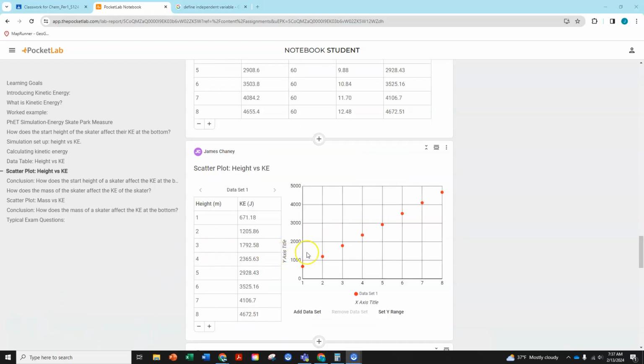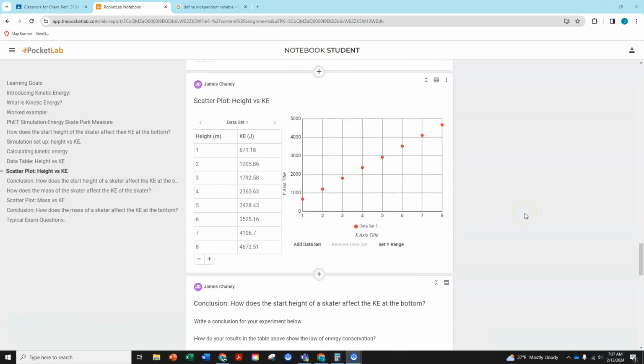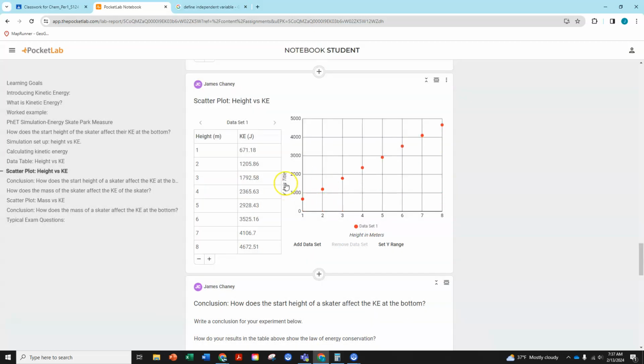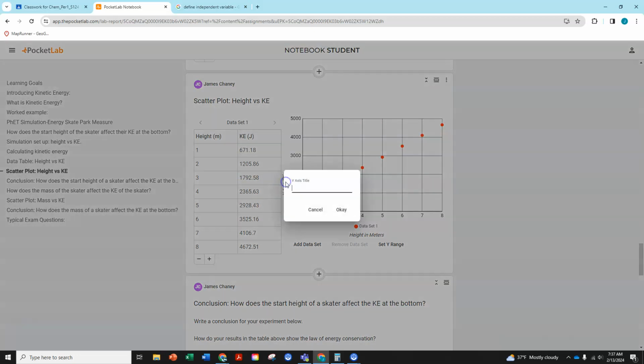Okay, so now that we have all of our numbers in place, we need to label our data. So the bottom data corresponds to the height of the track, so we'll put this as height in meters, and our y-axis is going to be our kinetic energy in joules.